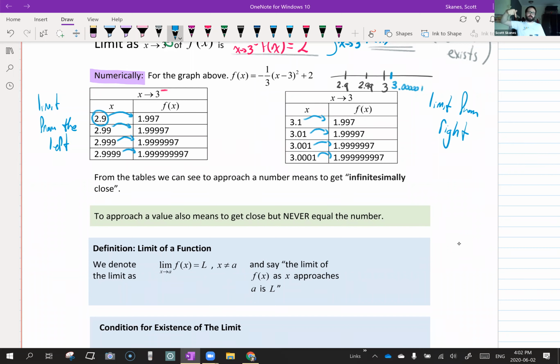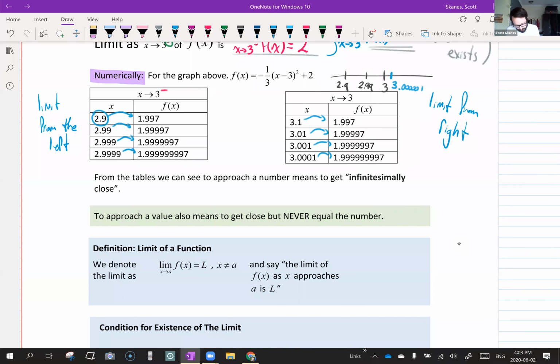If you put that number in, you're going to get a number super close to 2. But it'll never be exactly 2 because we're not allowed to put the number 3 in. It's just so close that everyone knows what you're going to get. It's called the limit. Now again, it's not infinite because look, this number is almost 2.